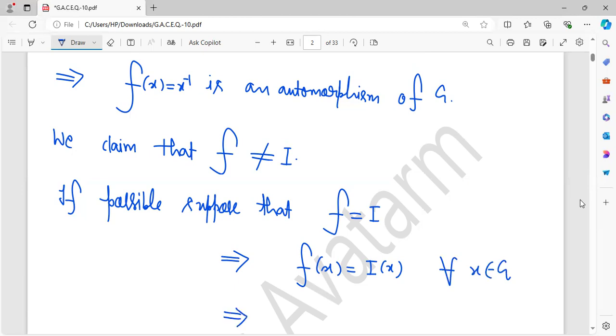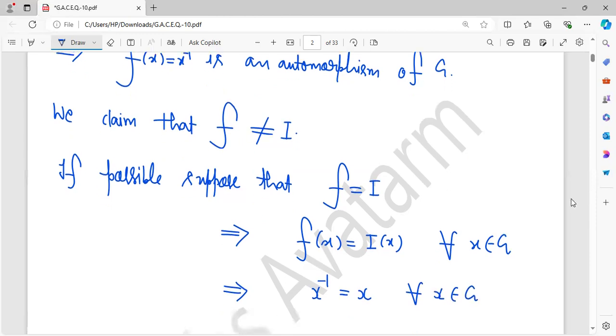What is the image of x under f? That is x inverse. Because I is the identity map, this will give x only. So we have x inverse is equal to x for all x belongs to G.